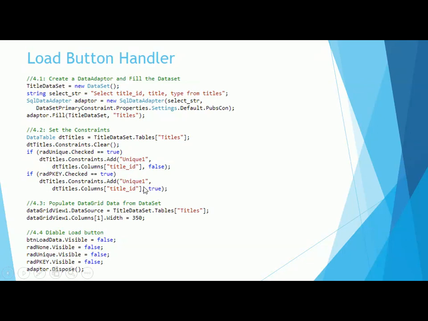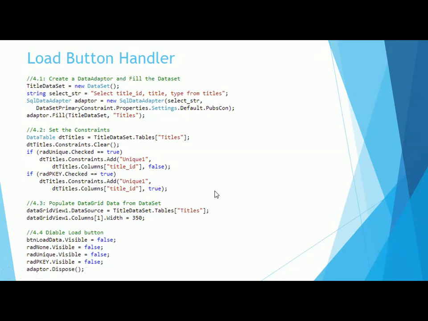The third parameter plays the role here to say whether the constraint is unique or primary. So when we load the handler, either we load the data without any constraint, that is none of the radio boxes is checked, or when unique is checked, we are loading the data table with unique constraint, or if primary key is checked, we are loading the data with primary key constraint.